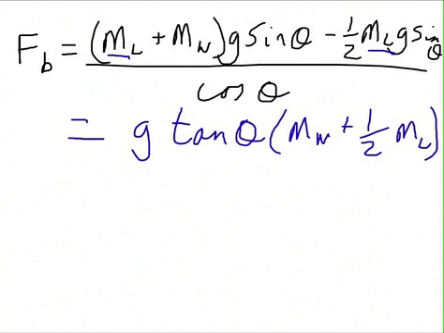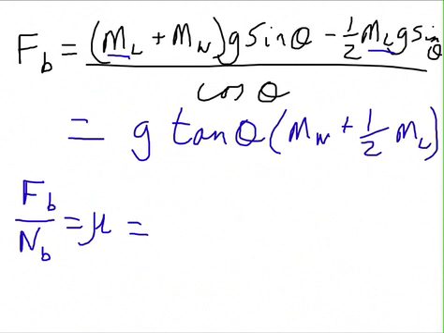But how big does it have to be before it slips? Well, if you remember how static friction works, static friction will apply an ever greater force exactly matching the sideways force until it hits the critical value, whereupon it starts to slip. And the critical value is when the friction force over the normal force equals the coefficient of static friction. So what is FB over NB?